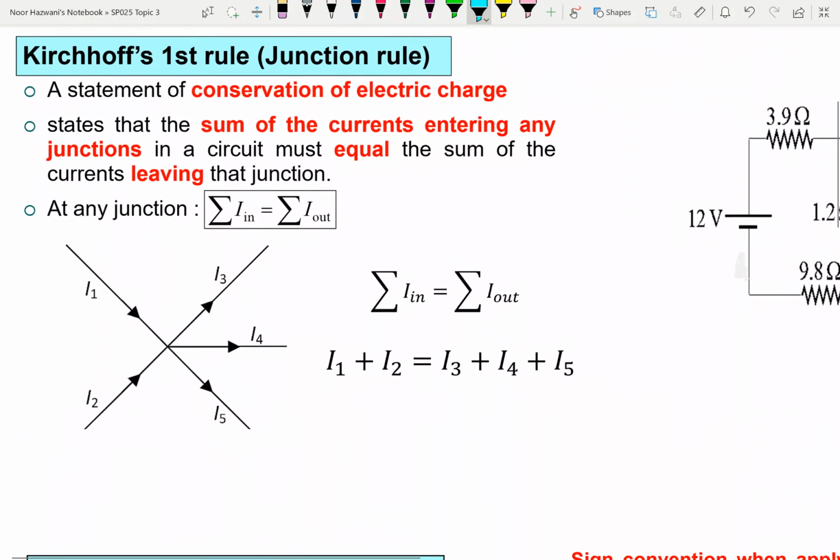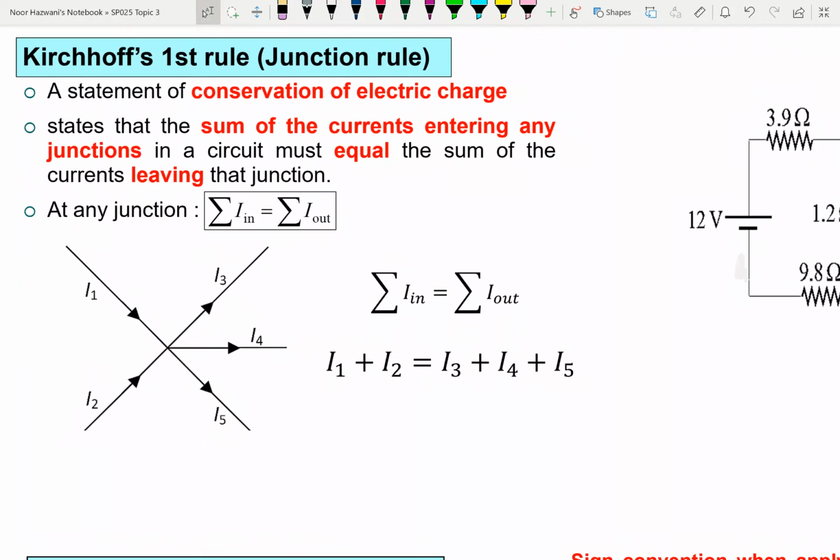First rule ataupun we call it as the junction rule. So selain first rule, kita panggil dia sebagai junction rule. It is actually a statement of conservation of the electric charge. Okay, apa yang Kirchhoff first rule kata? Sum of the currents entering any junction, in other words kita panggil dia sebagai simpang, in a circuit must be equal to the sum of the currents leaving that junction.